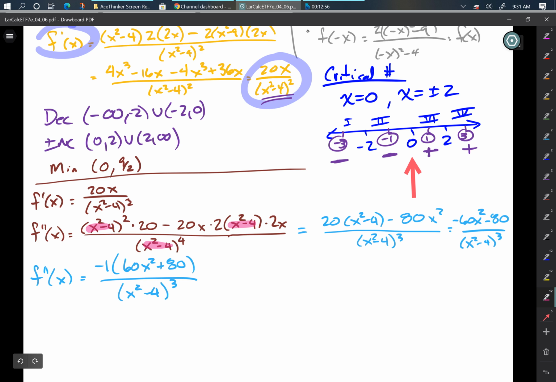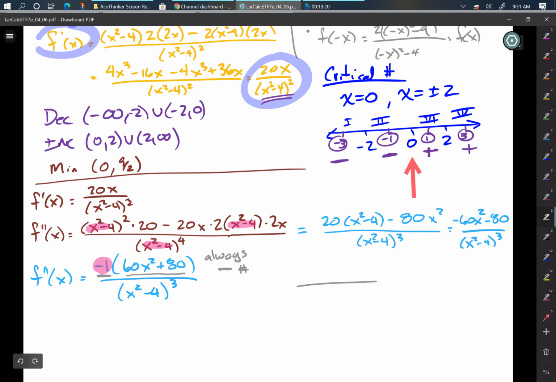Now, if you're wondering why I did this, there's a reason. I wanted to show that no matter what number I put in for x, inside the parentheses will always be positive, and that negative 1 means that numerator will always be a negative number, because that's going to help me evaluate. Okay?